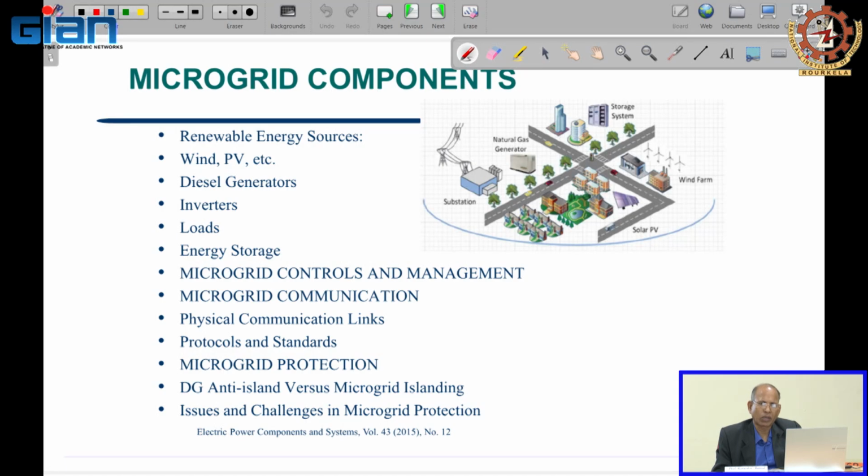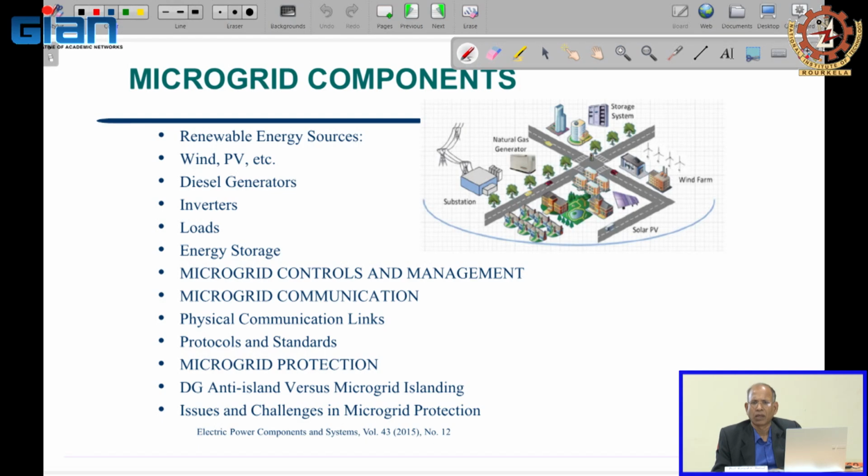So, what renewable sources you can have depends upon the availability of natural resources like wind, PV, bio, micro hydro, etc.